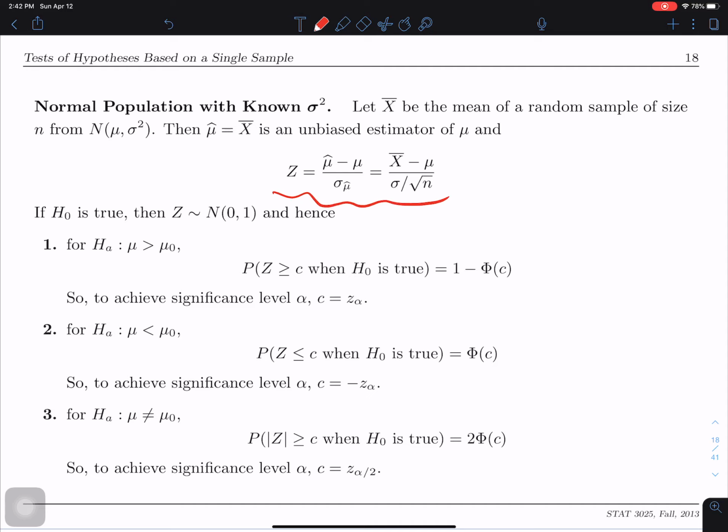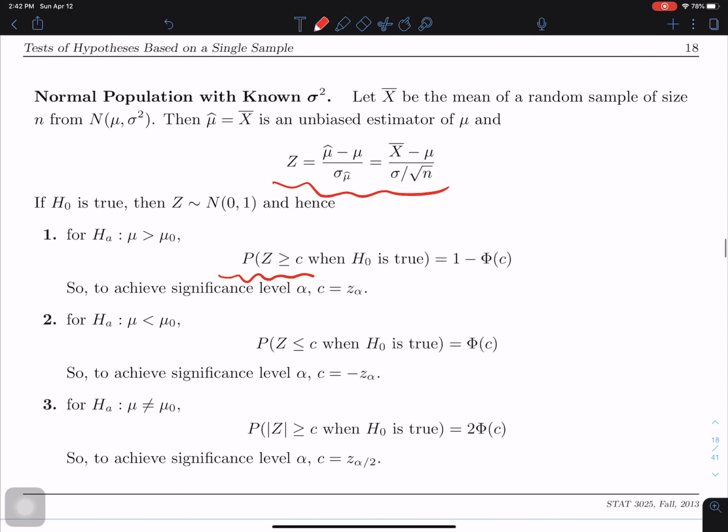And for HA, mu greater than mu 0, then the probability that... here it is the probability of type 1 error, right? So when my HA is like this, my rejection region should take this form. This is my rejection region, and this is when H0 is true.